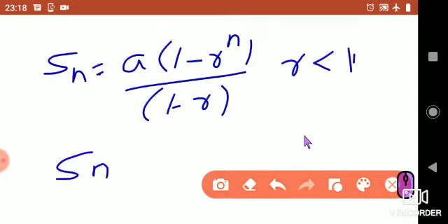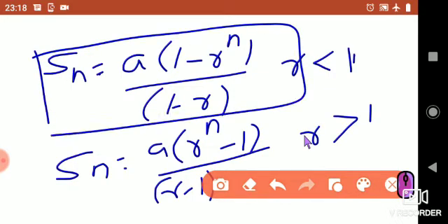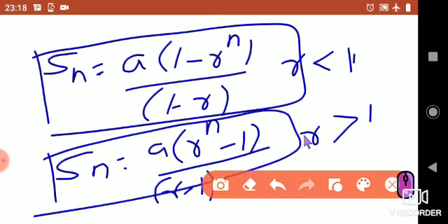And another formula, Sn is equal to A into R to the power n minus 1 divided by R minus 1 if R is greater than 1. These are the two formulas to find the sum to n terms of the geometric progression. With the help of these formulas, today, my dear students, we are going to solve a few examples.